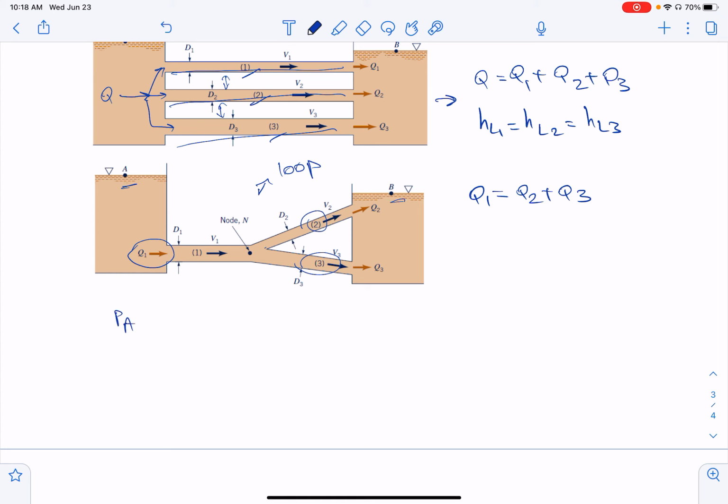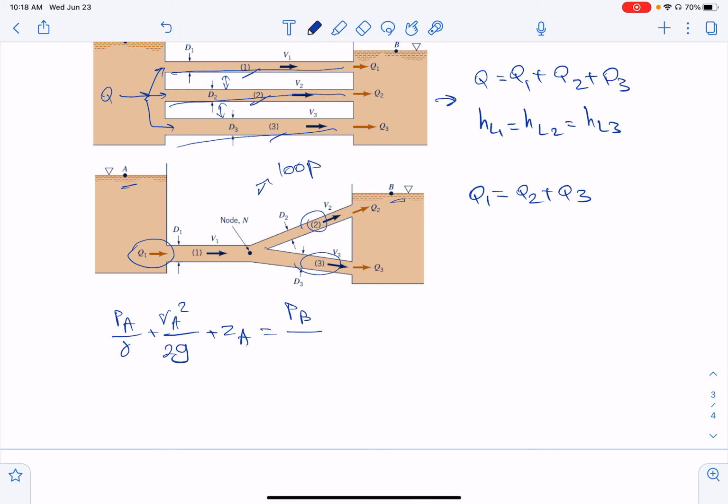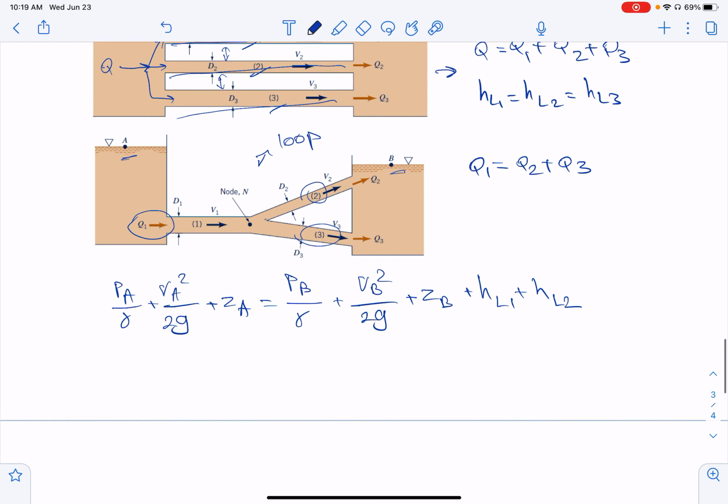PA over gamma plus VA squared over 2g plus ZA. So nothing fancy till here. Here we have PB over gamma plus VB squared over 2g plus ZB plus H loss of 1 plus H loss of 2. We also said that H loss of 2 and 3 are the same.